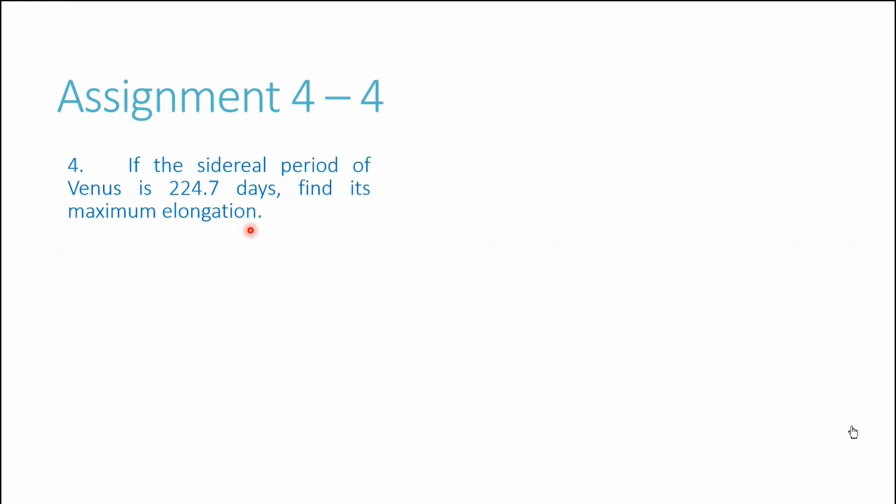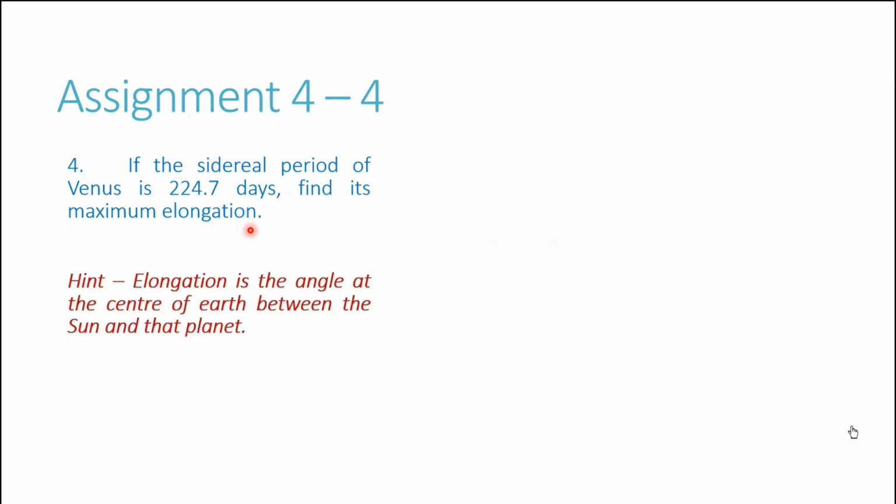So let's try to make a diagram to understand how we proceed in the question. Now we know that elongation is the angle at the center of the Earth contained between the Sun and that particular planet. So let's make a diagram. Let's first show the Sun in our diagram.